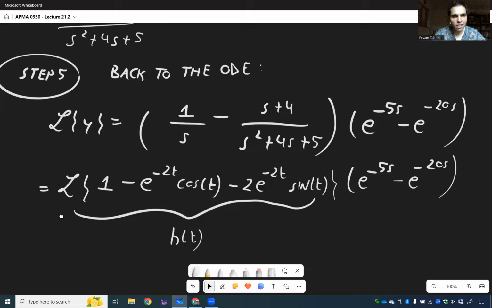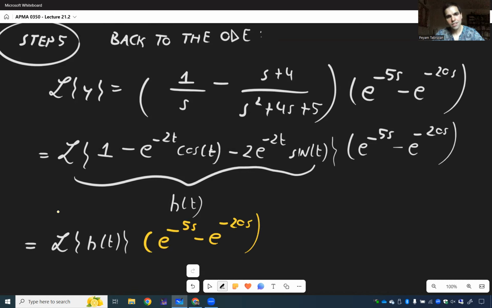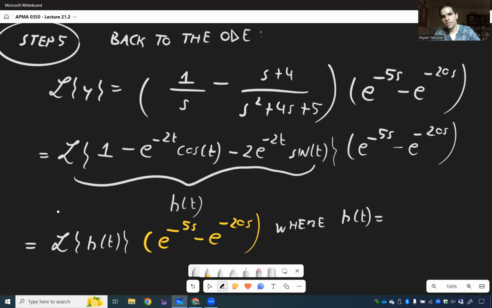So this is L of h of t times the exponential terms. Again, please write down what h is. So where h of t is 1 minus e to the minus 2t cosine t minus e to the minus 2t sine of t.